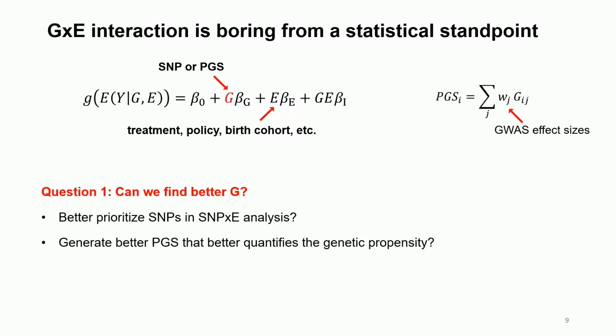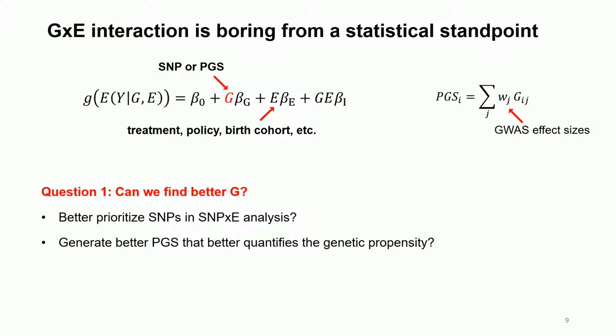Then, in this talk, I'm going to try to rebut myself in a way by thinking about what interesting things could we possibly see from a method standpoint and improve the design of G by E studies. The first question I'm going to talk about is essentially, can we find better G? As I said earlier, most people just use a particular SNP or do this genome-wide, use 10 million SNPs to test interaction, or use a standard polygenic score.